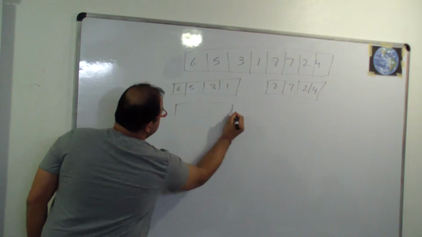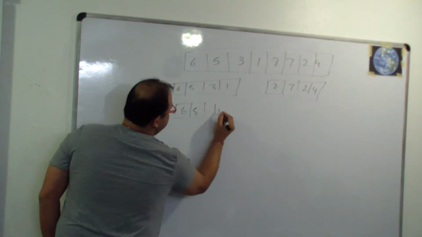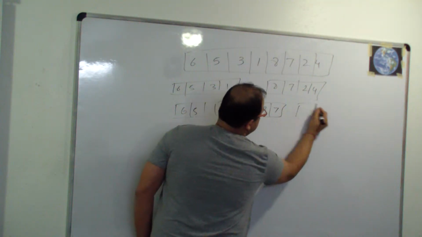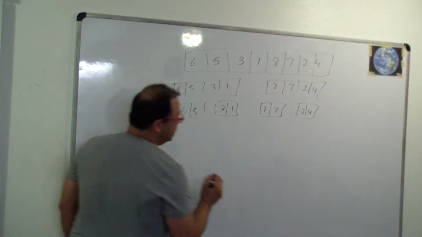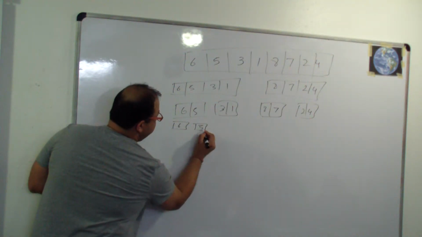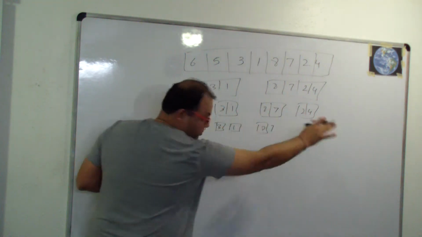When you divide this, it becomes two again: 6, 5 and 3, 1, 8, 7 and 2, 4. Then you divide it again, so it becomes 6, 5, 3, 1, 8, like that.